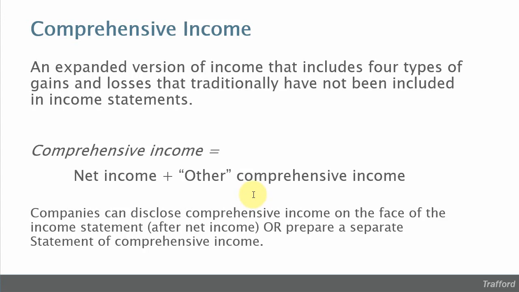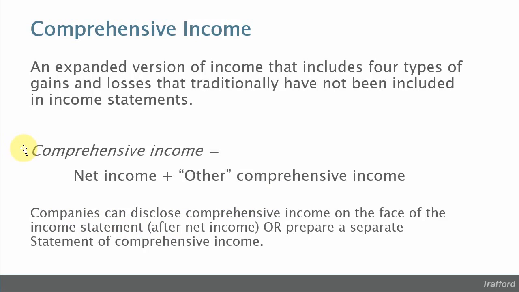So these things, all very specifically defined under U.S. generally accepted accounting principles, are considered to be other comprehensive income items, or OCI items. And when you combine net income with these four types of gains and losses that don't get reported as part of net income, you get this other value called comprehensive income that also must be disclosed every year to shareholders.